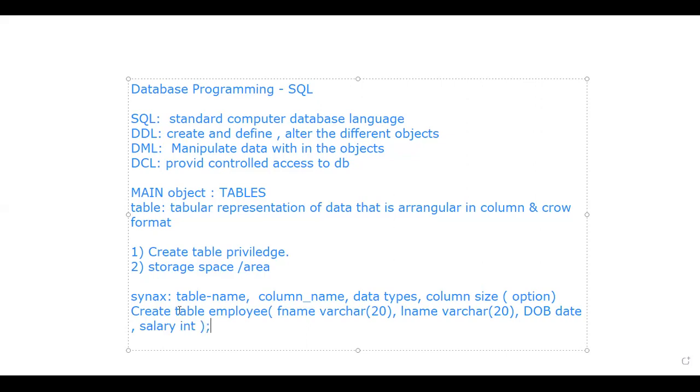So in this case, the syntax will be create table, specify the table name, then I go ahead and specify the characteristics that will define this table, and I have the data types for each of those. So the table name is employee, the column names are F name, L name, DOB, and salary. The data types are varchar, date, and number. And of course, we talked of column size being ideally optional.